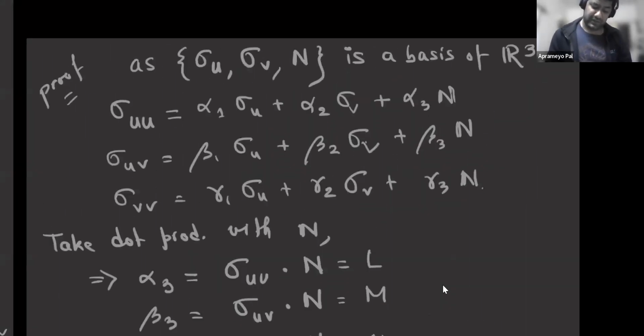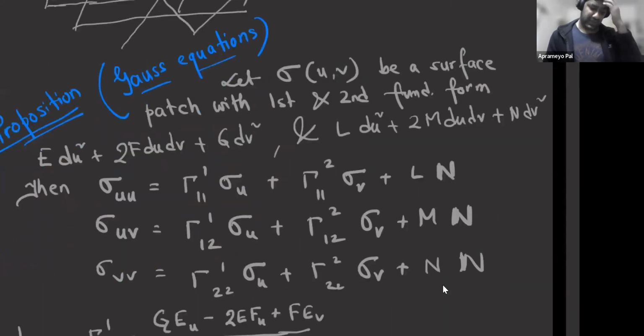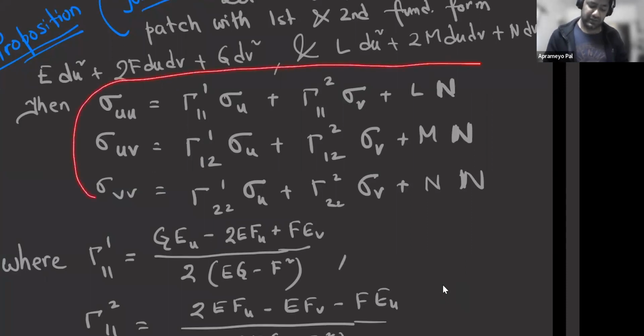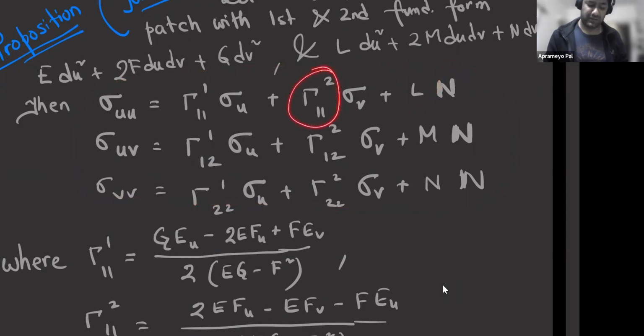Let's think a bit about this for a second. Essentially you obtained a nice relation between L and F, G, and E, all these things. It shows how the first and second fundamental forms interact in some sense.